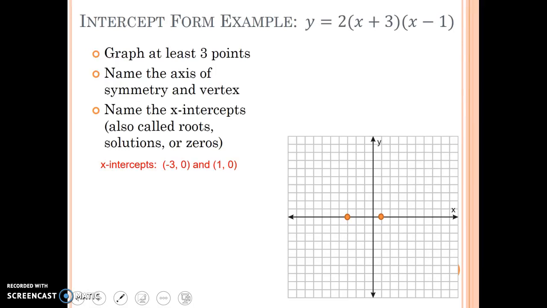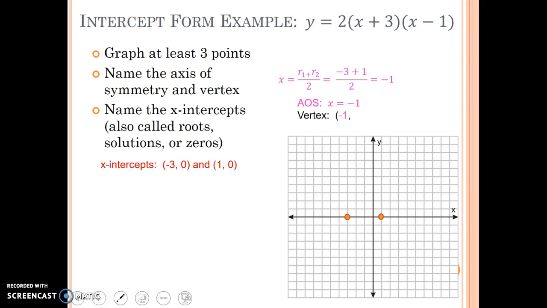And then you can see that in the middle of these two x-intercepts, it would be this x value right here, which is -1. But if you can't see that, if it ends up being a decimal or something, just remember to use that formula, R1 plus R2. So take -3 plus 1, that gives you -2, divide it by 2, and that gives you that -1. And so therefore we know that the x value of my vertex is at -1.